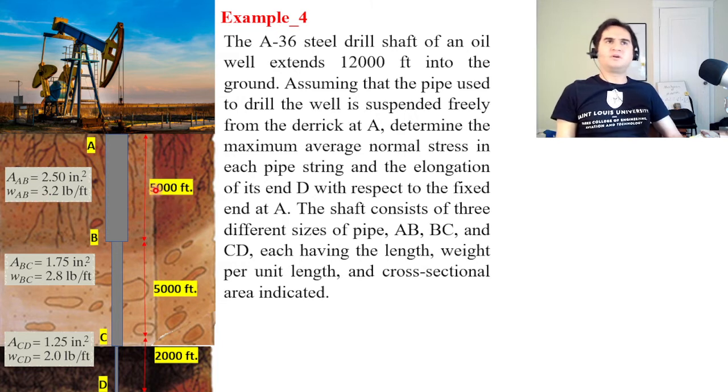We are interested to see what the normal stresses are inside each of these pipes, as well as the elongation of the free end far below the ground at the depth of 12,000 feet.